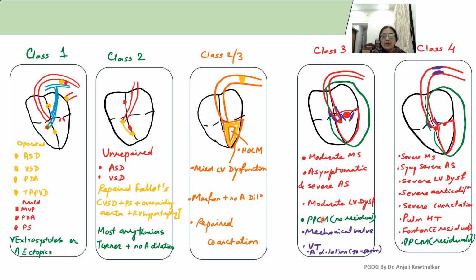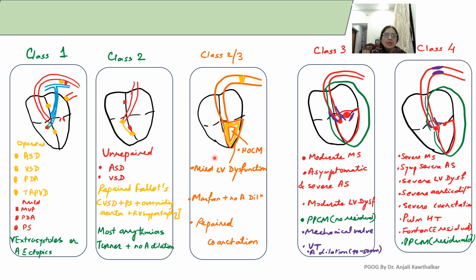Peripartum cardiomyopathy, heart is getting so weakened, and that is why previous history of peripartum cardiomyopathy without residual disease also will go to class 3. If we know the reasoning like this, if we understand the conditions, then it becomes easier for us to remember also. We don't have to memorize too much in that case.